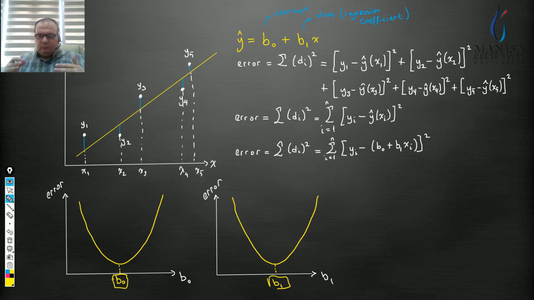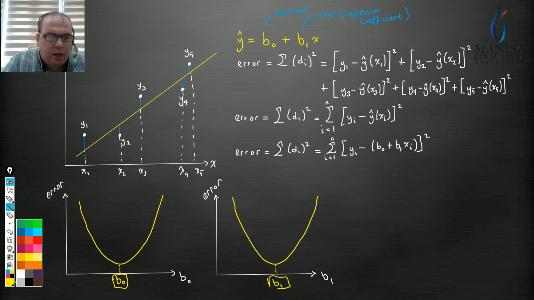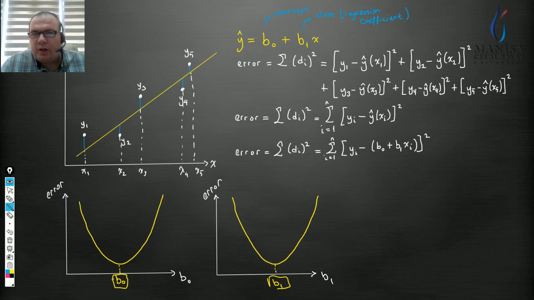So in reality I have two axes for my regression coefficients, and for this example intercept and slope, b0 and b1. These coefficients can be b0, b1, b2, b3. I can have many of these regression coefficients, and we will come to that, but for this example we just have b0 and b1.